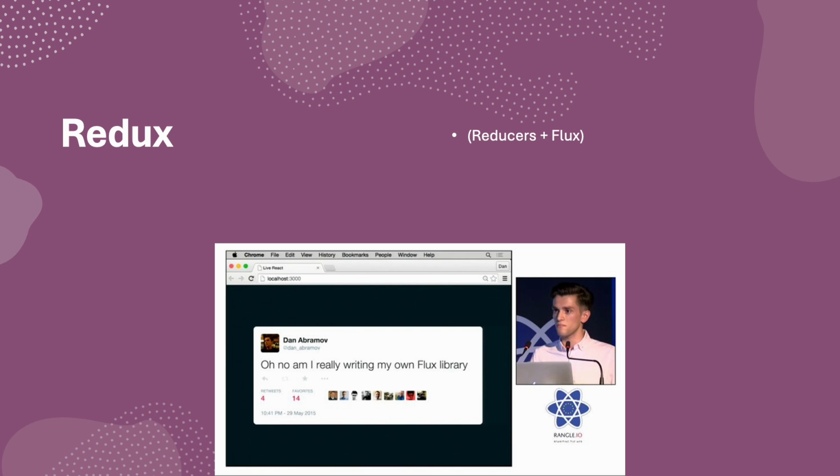So he built his own implementation. While doing so, he simplified the Flux patterns by having reducers instead of dispatchers, and a single store instead of several stores. This was Redux, reducers plus Flux.